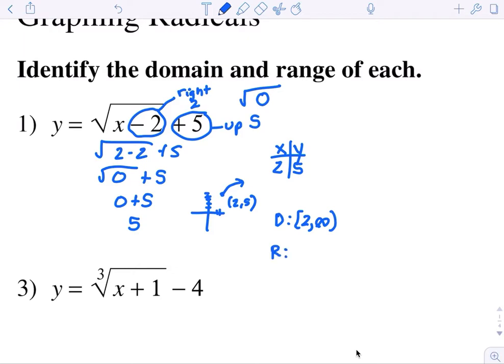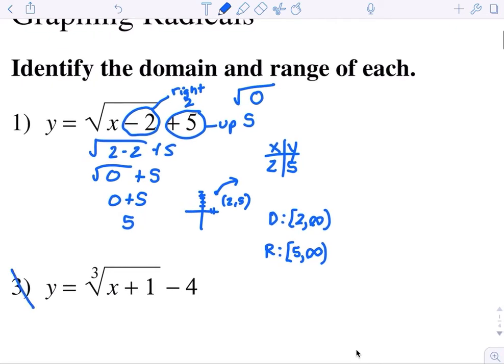The range is all your y values, so when I look at how low the graph goes, it goes as low as 5. Brackets, because you see the actual point, and then it continues to go upward. So 5 to infinity. So domain, how far left does the graph go to how far right? And then range is how low does it go to how high.